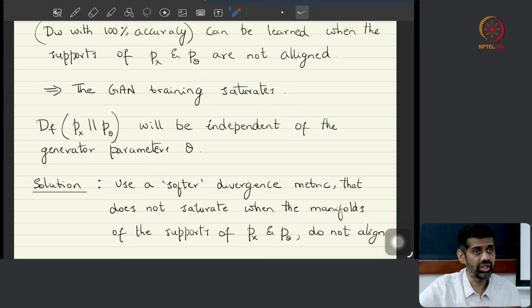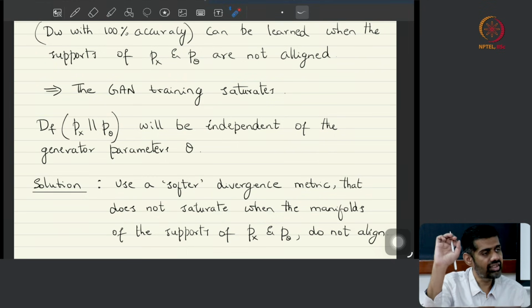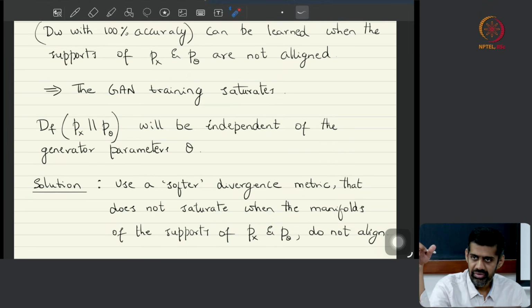Suppose you construct two distributions in 1 dimension, where you have one Dirac delta at some particular place, call it Px, and another Dirac delta at some other place, call it P theta. Compute what the F divergence is, and you can show that things like KL, JSD, etc. will just max out. They will be independent of theta.